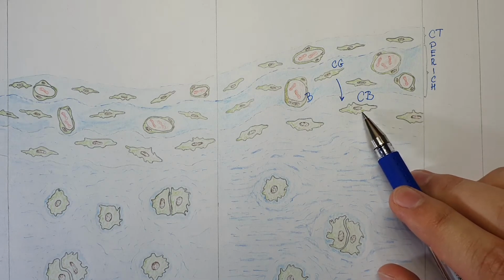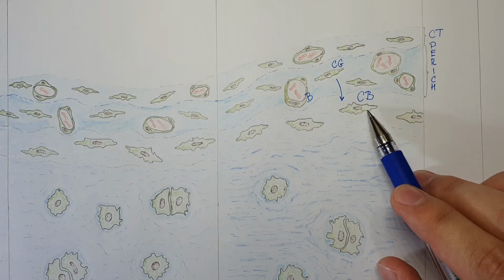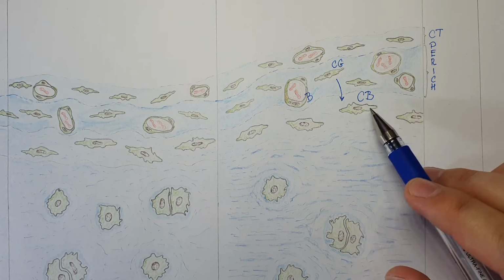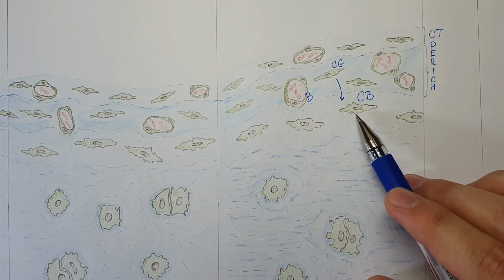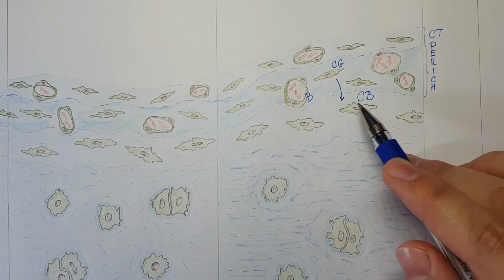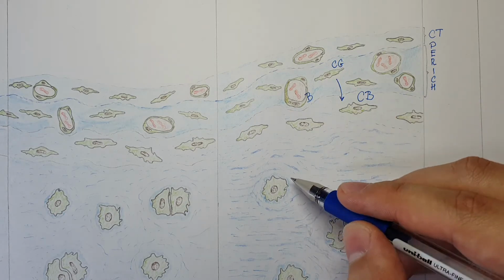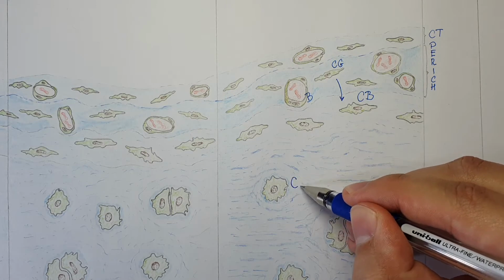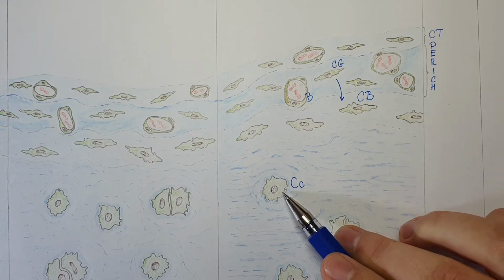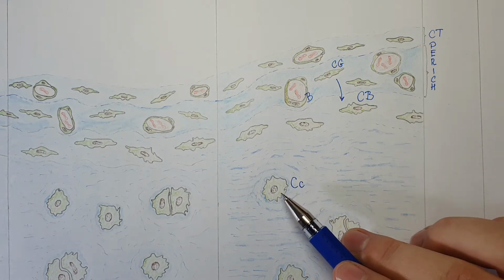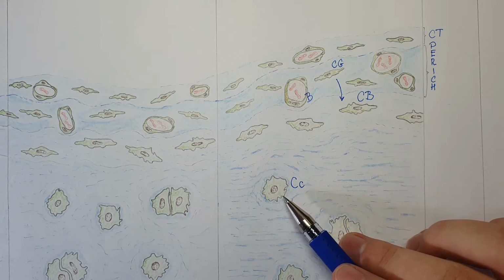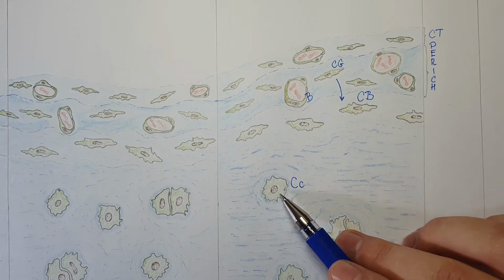The chondroblasts then start to produce matrix, the extracellular matrix, and when they get surrounded by this matrix, they become chondrocytes. And chondrocytes are the main cells of the cartilage.